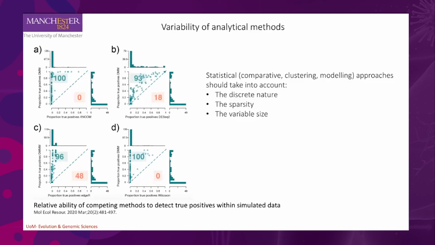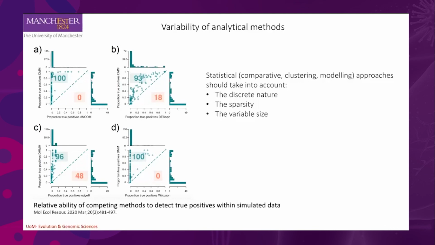For example, you see in each graph you have a diagonal line. Whatever is above the line, and the number, is basically the true positives that DMM managed to detect in relation to the specific approach. And what we can see here, apart from the superiority of DMM, is the variability between the different approaches.